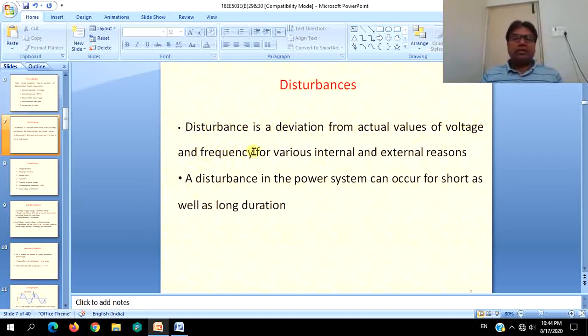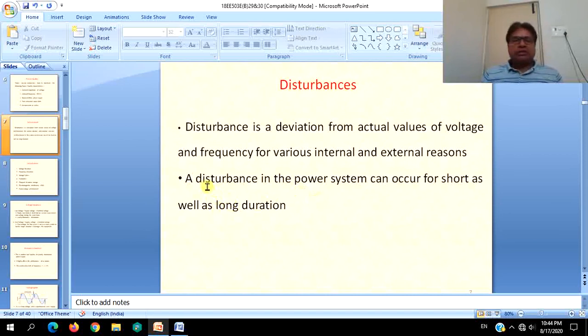These are the main things which we have to maintain constant at their actual values. This deviation may happen because of both internal and external reasons at a time, or individually, separately.